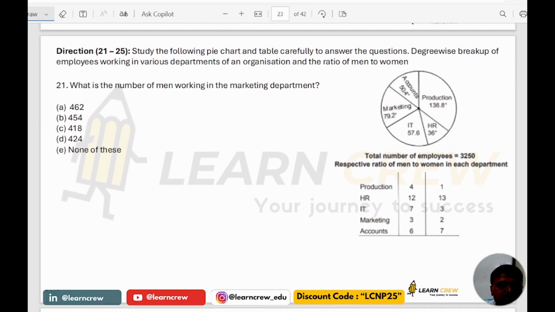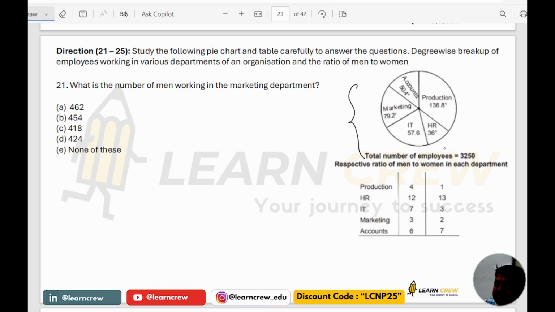Now question number 21 to 25 are based on one more graph. Please see here 21 to 25. Here we have a pie chart. The pie chart is given in terms of degrees here, and there is a respective ratio of men to women in each department. This total number of employees is 3250.